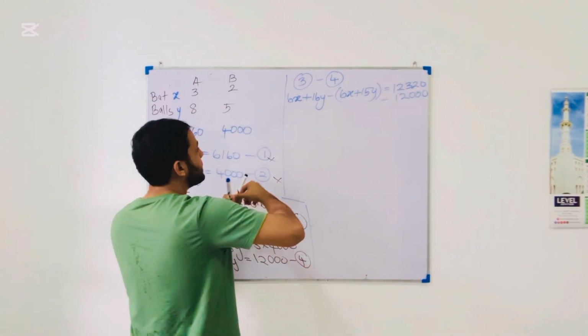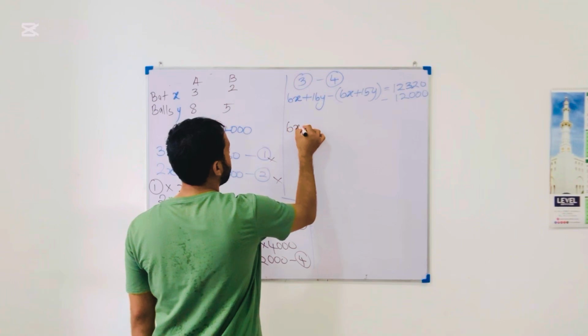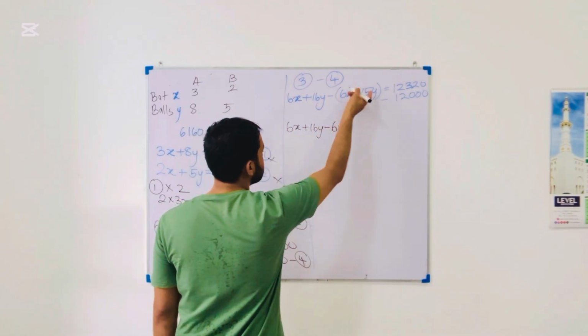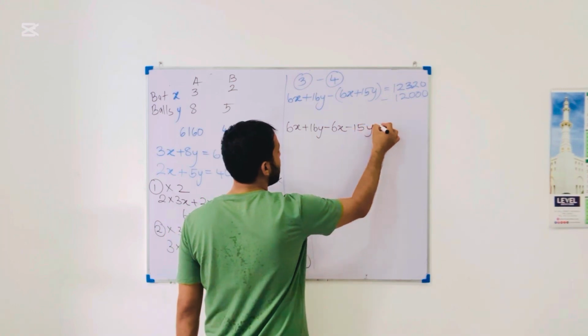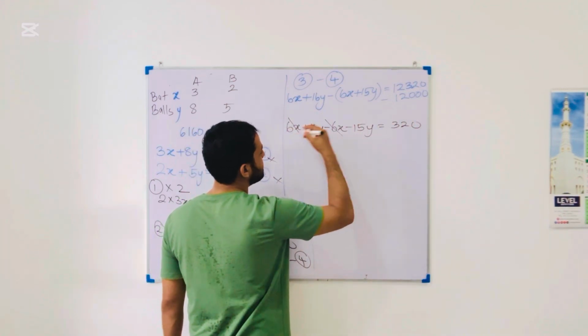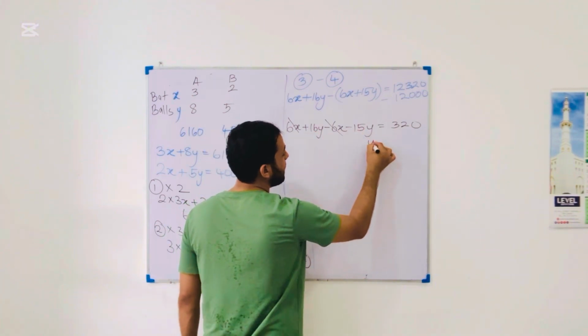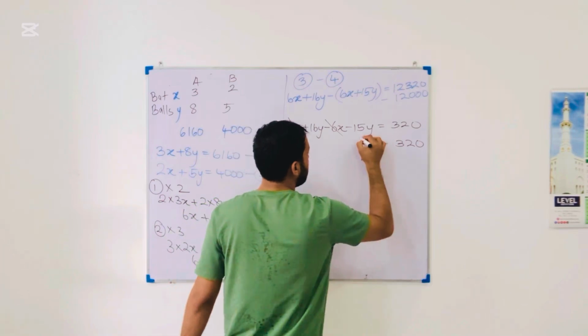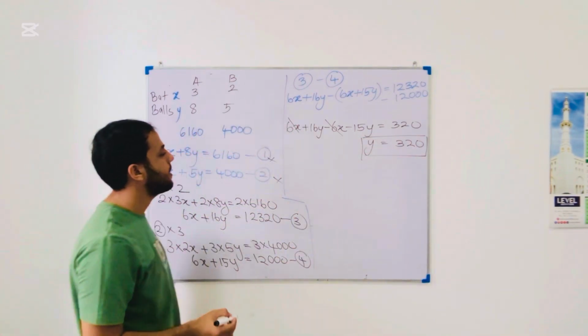Now if you do the subtraction here, you have 6x plus 16y, if you open the bracket, minus 6x minus 15y, that is equal to 320. So 6x minus 6x will get removed, 16 minus 15, that is y. Now y is what? Y is the price of a ball, that is equal to 320.